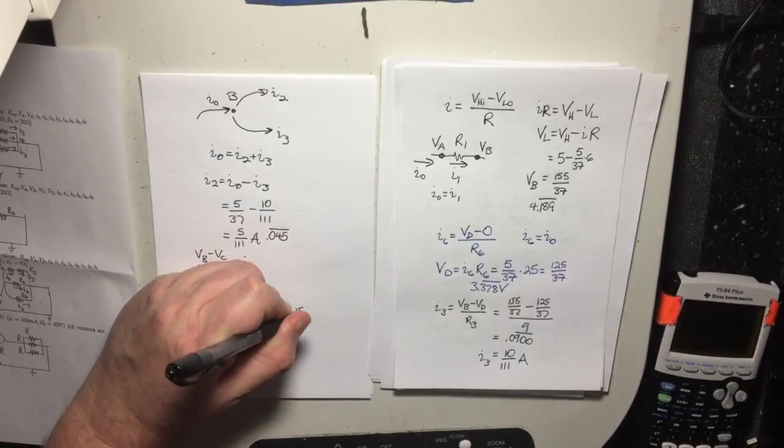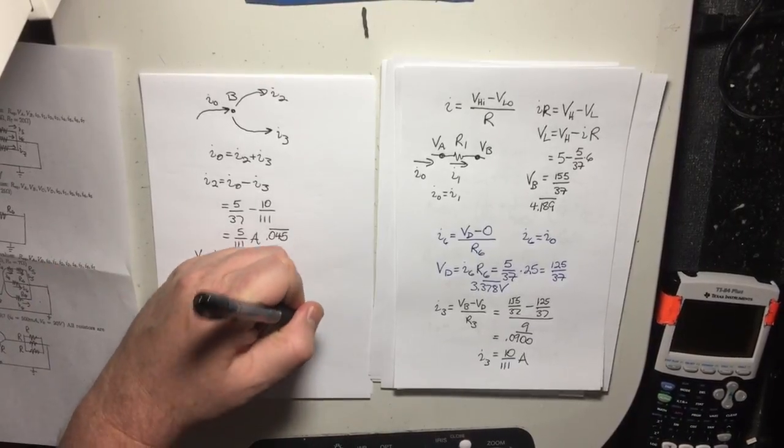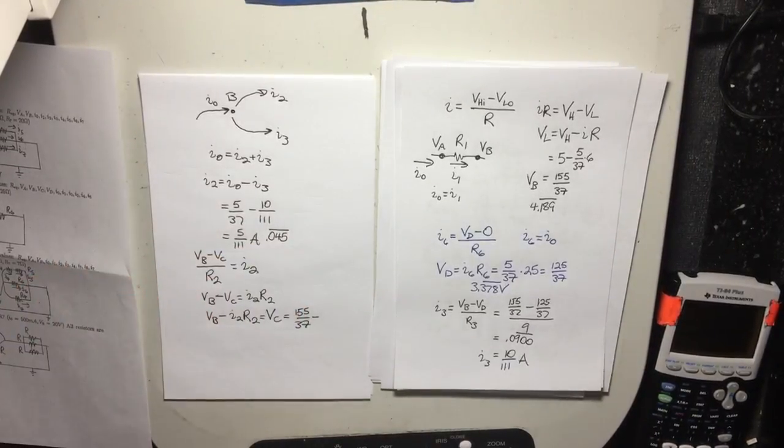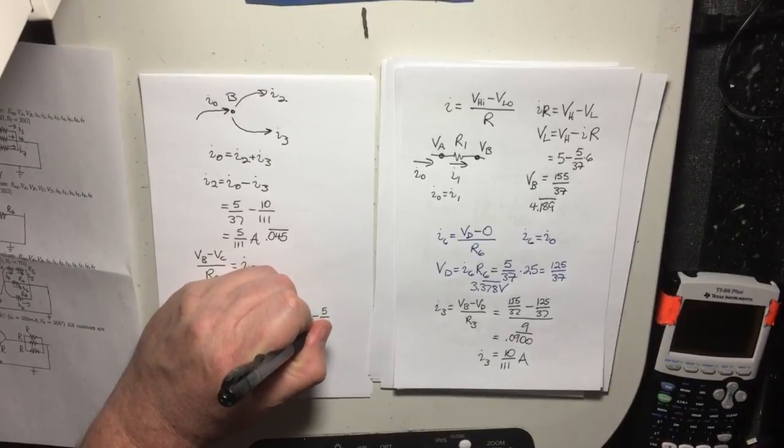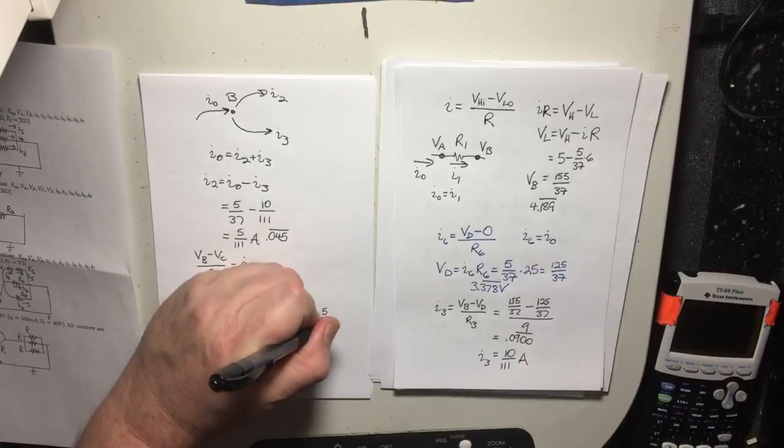VB, 155 over 37. I2, excuse me, 5 over 111, thank you. R2 is 12.